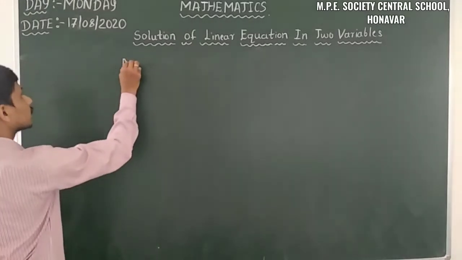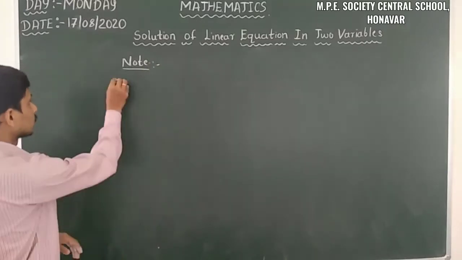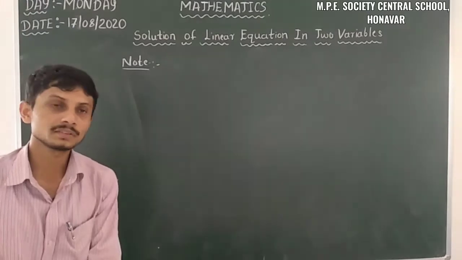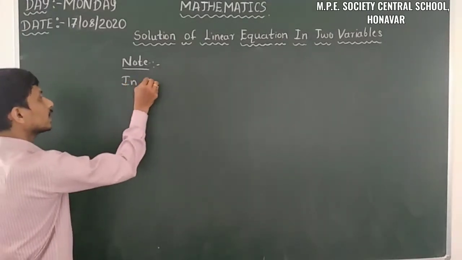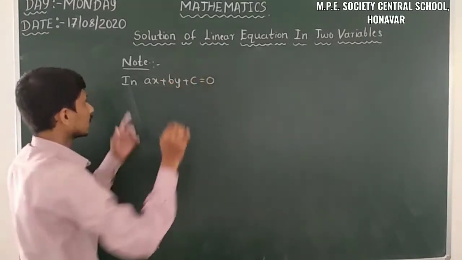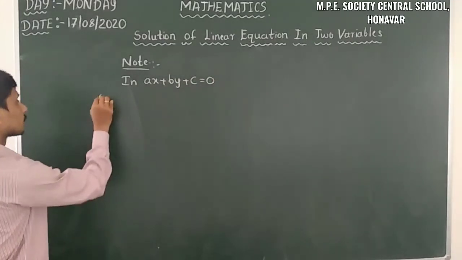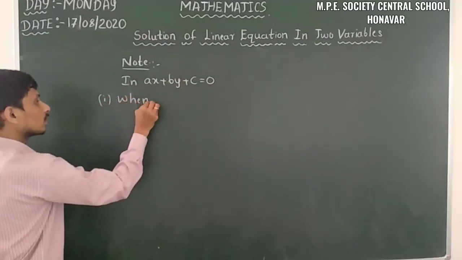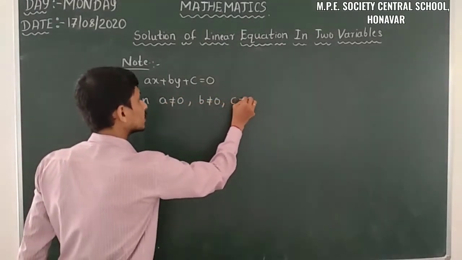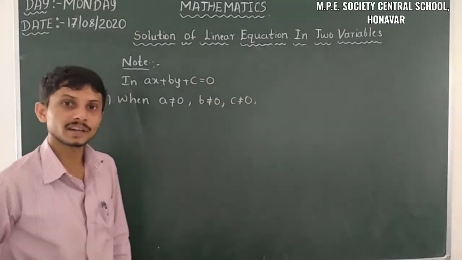Firstly, in Ax plus By plus C is equal to 0, when A is not equal to 0, B is not equal to 0 and C is not equal to 0, the linear equation in two variables has infinitely many solutions.